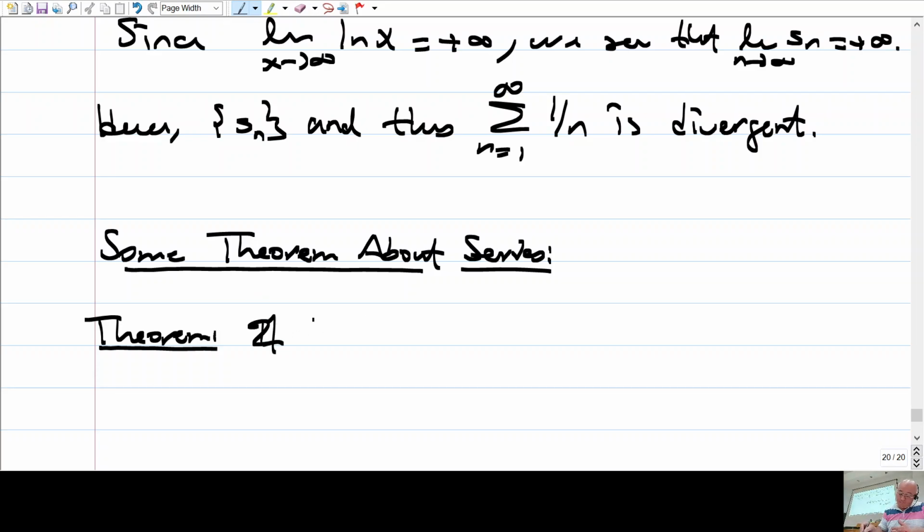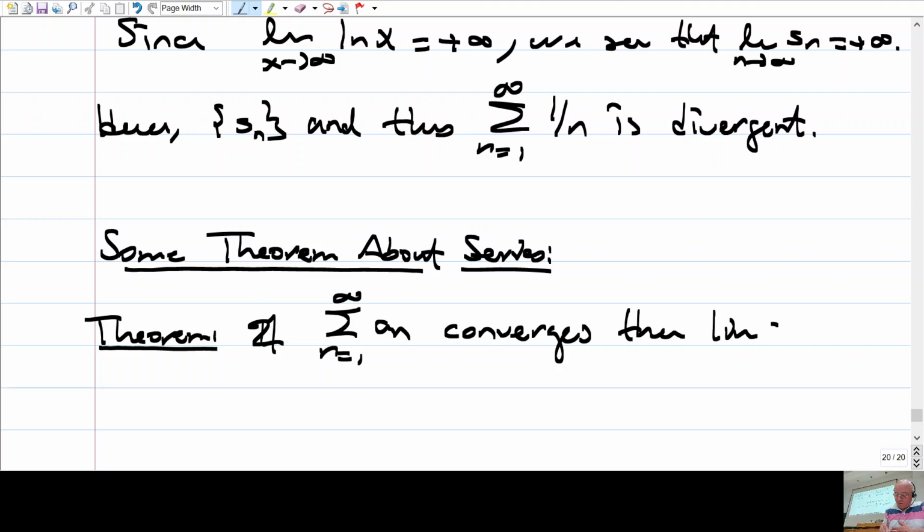If a series sum of a_n converges, then the sequence a_n is convergent, and its limit is 0.